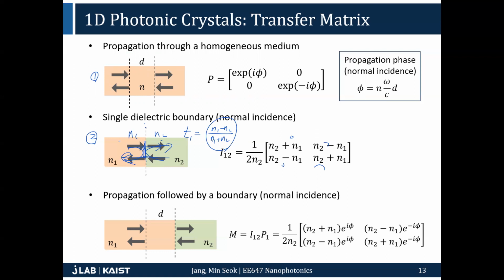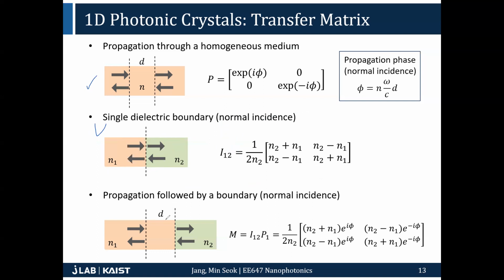If you have the transmission and reflection coefficients at the boundary, you can immediately translate that into a transfer matrix, and it has this form if you look at it carefully. So now you have these two components, and you can do everything about a 1D photonic crystal.